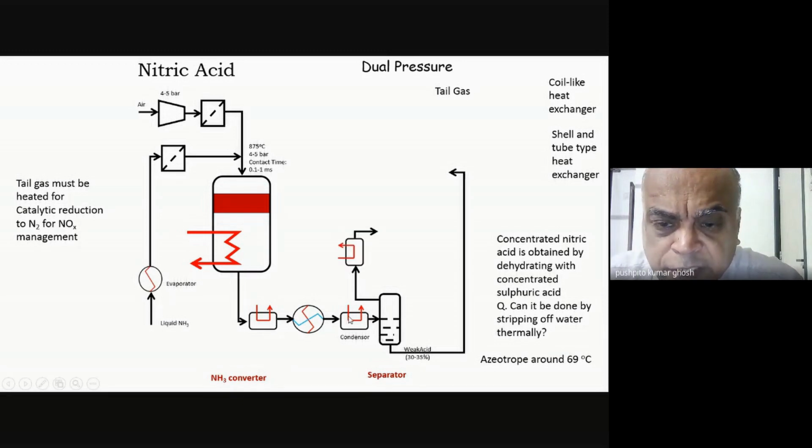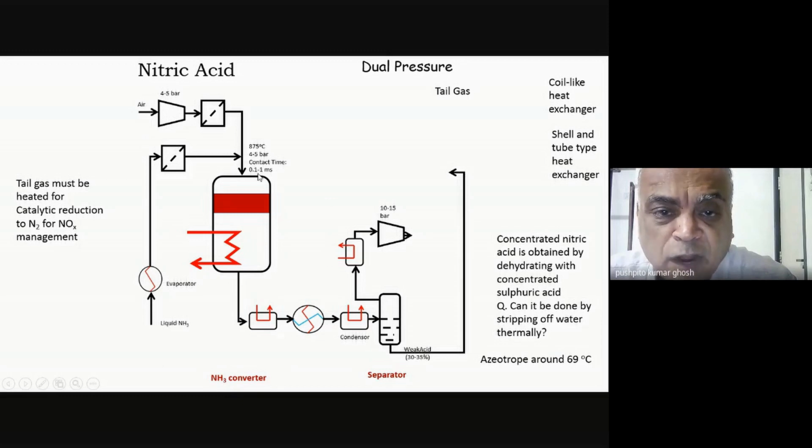What you then do is, because you see the NO2 is going and you're forming nitric acid here, and as we discussed, it will also form NO. So part of it will get converted to NO. Now you are taking this NO over here, you're cooling down the gas stream, and you are pressurizing it to a higher pressure, because a high pressure really helps the NO2 conversion, low temperature and high pressure.